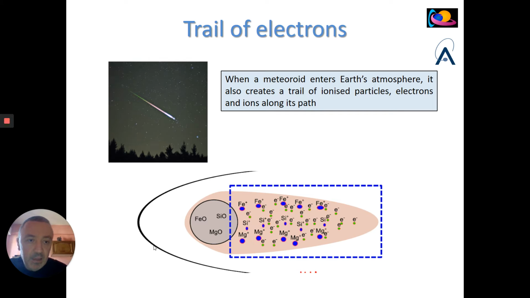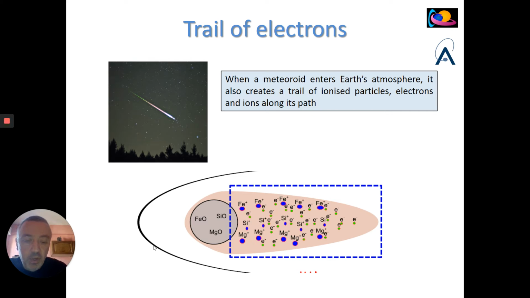So because of this speed, they have enough energy to, let's say, take electrons from the molecules and atoms that these tiny particles impact in the upper atmosphere. And also the vaporized particles from the object itself can also be impacted.